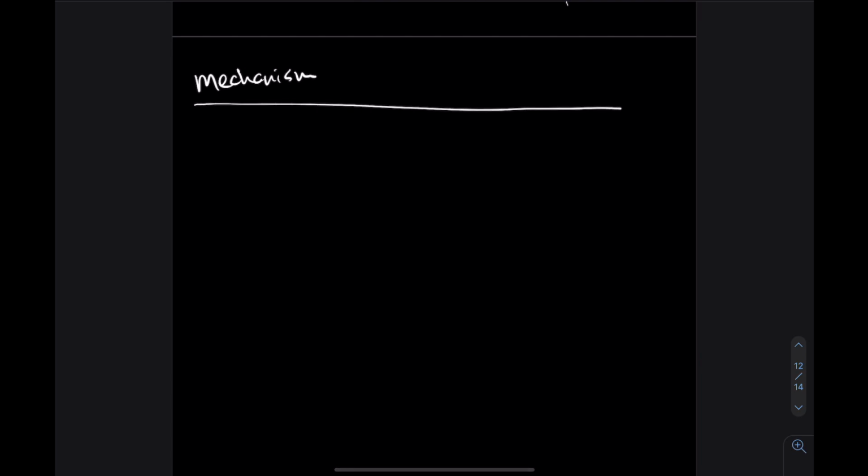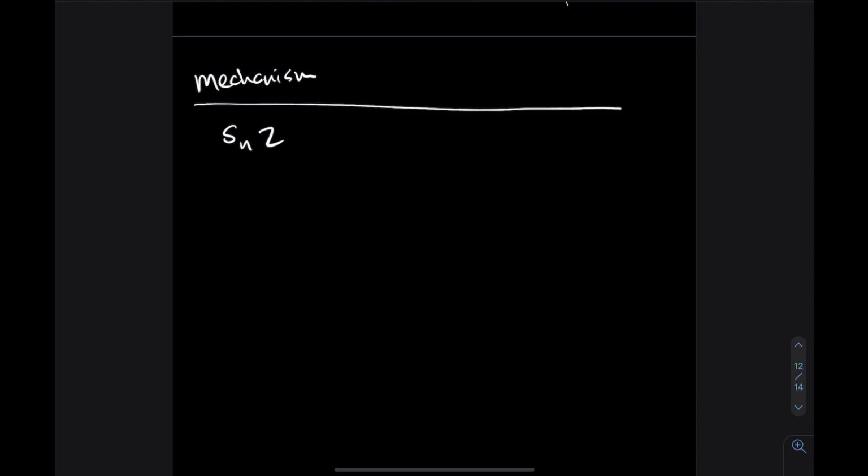Now there are a couple of properties. What distinctly separates the mechanisms of Sn1 versus Sn2? What are some of the actual properties of Sn1? So we've got four different things that we've discussed.